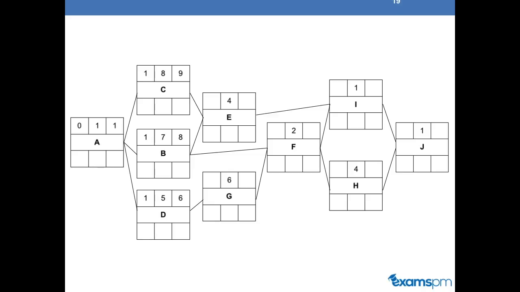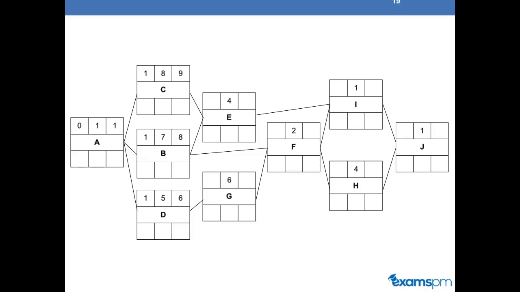And since activity C has a duration of 8, we would add 1 plus 8, which gives us 9. So activity C will have an early finish of 9 weeks. Using the same logic for activity B, 1 plus 7 gives us 8, and 1 plus 5 gives us 6.